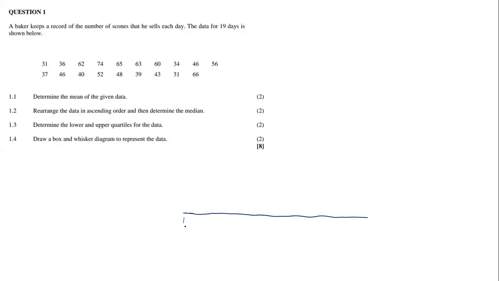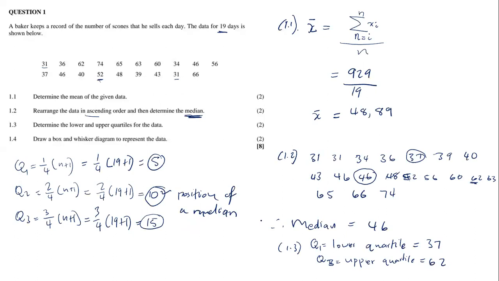You don't have to start from 0. Start from the minimum. Our minimum in this case, let's go back to our arranged data, is going to be 31. And then our maximum is going to be 72.